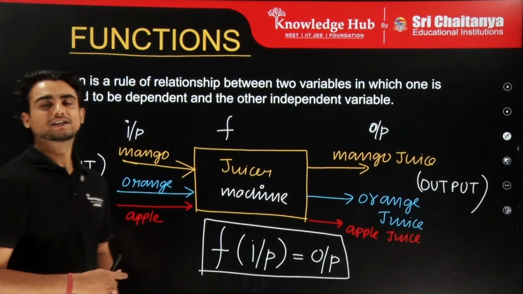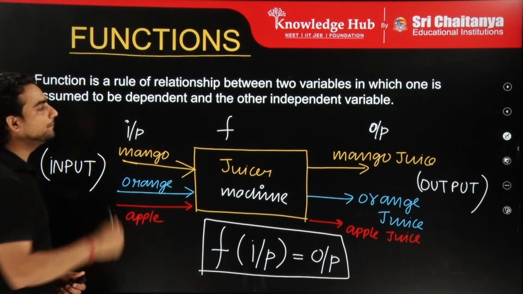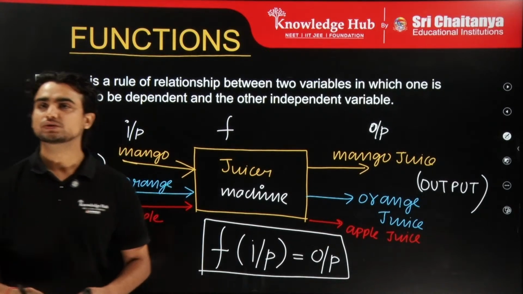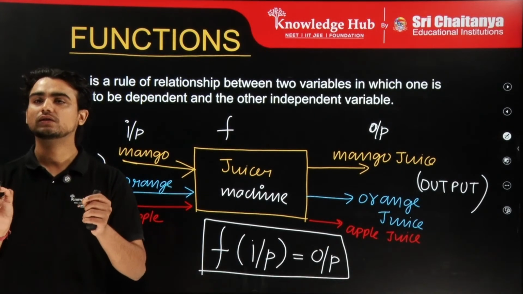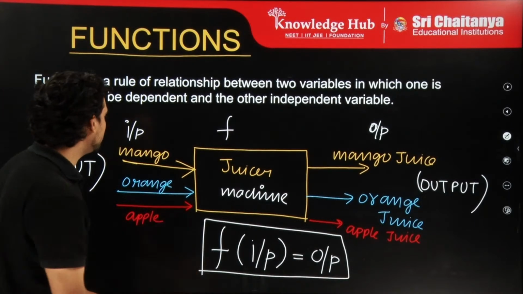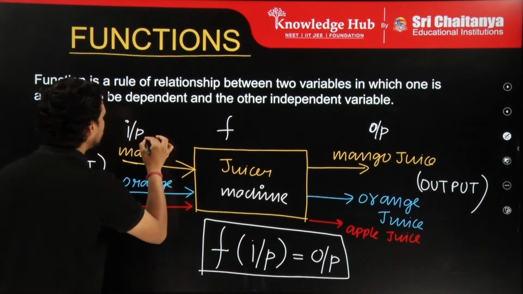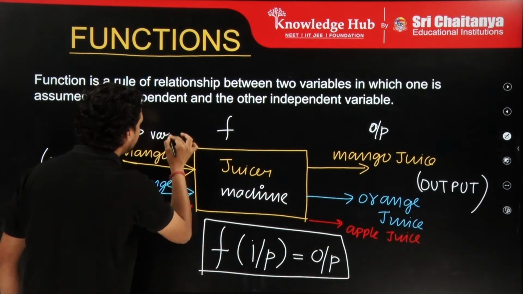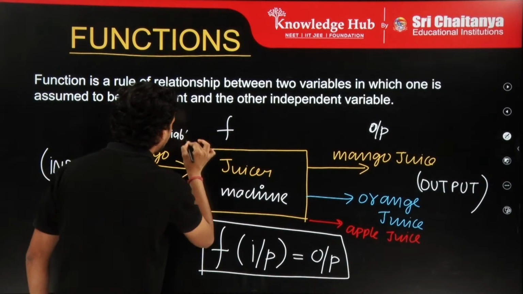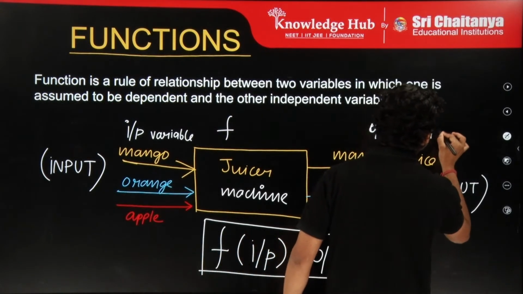So let's read the definition now. A function is a rule of relationship between two variables. So what are the two variables? Input variable and output variable. This is known as the input variable, and this is known as my output variable.